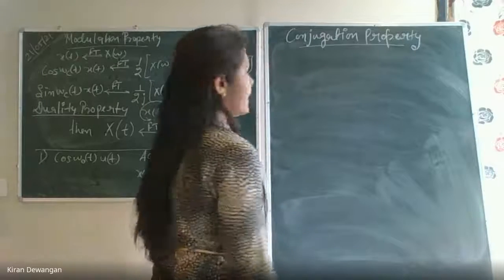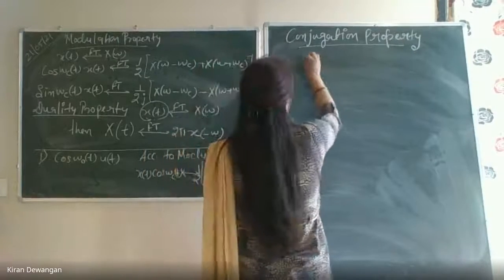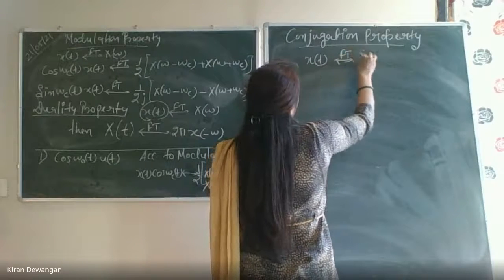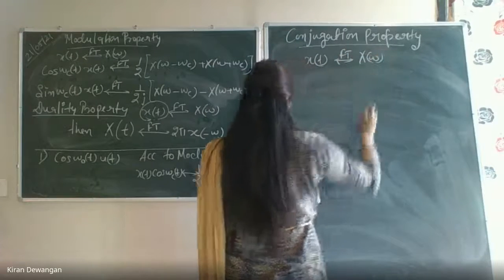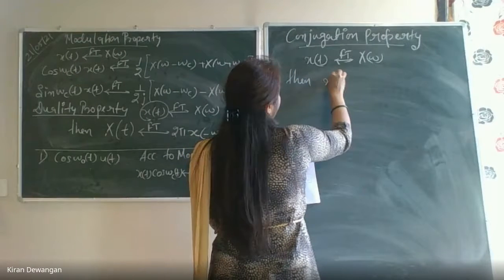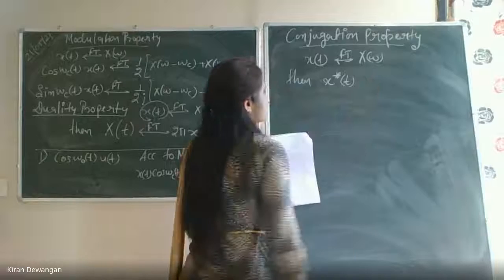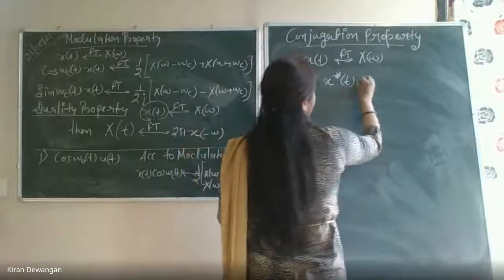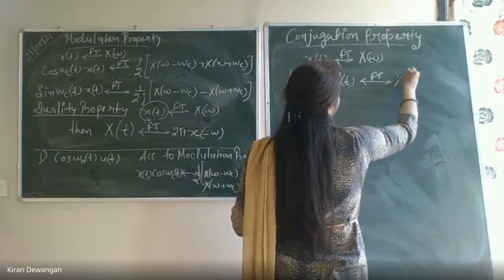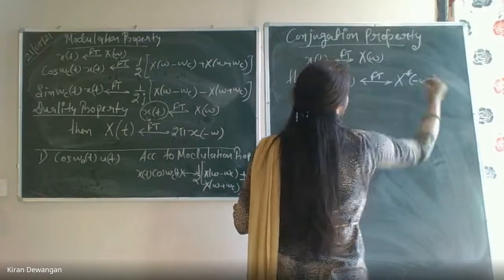Conjugation property states that if x(t) is having a Fourier transform X(omega), then x conjugate of t will have Fourier transform capital X conjugate of minus omega.